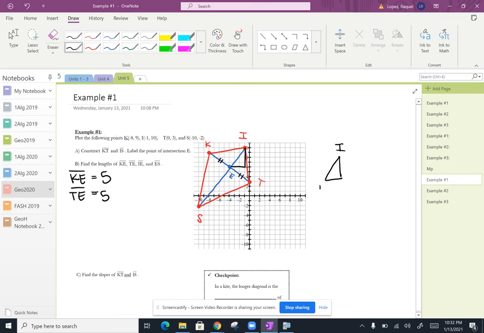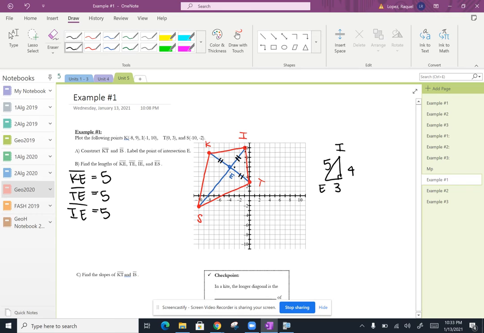This is I, this is E. So let's find our horizontal distance. I'm counting 1, 2, 3 spaces, and then 1, 2, 3, 4 up. So, oh wow, another 3, 4, 5 triangle. What are the odds of that? I actually wasn't expecting that to happen. So IE is equal to 5. So now I can go ahead and mark this with the same tick marks as I did the other two.